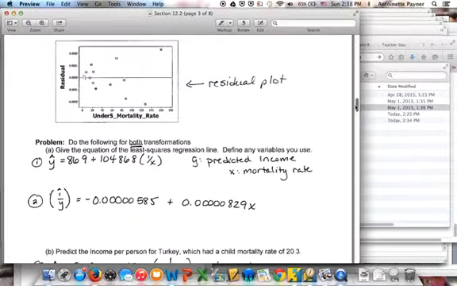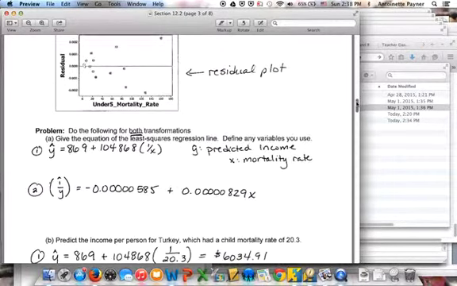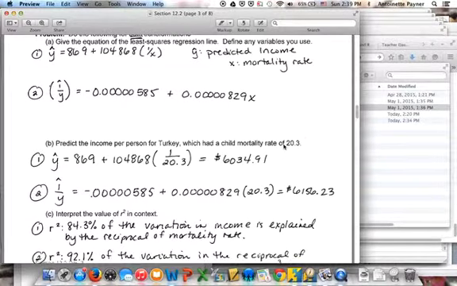In transformation 2, there's my intercept, there's my slope, and now I have 1 over y, with the hat over all of that, and the x is left as it is. I can plug in a number into each of those equations, so 20.3, I can plug it in here, and get 2 different answers.